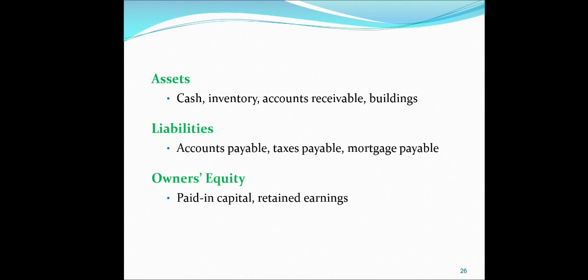Okay, so this is an accounting term. The simple definition of asset is like this. Assets are resources owned by a business. So, if you have a business, your business will own many things.